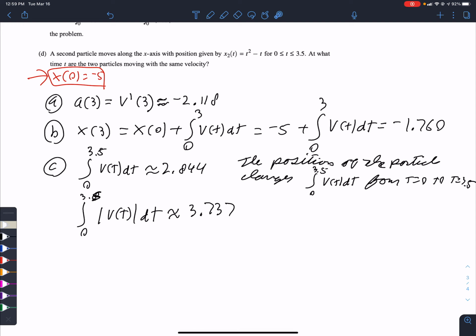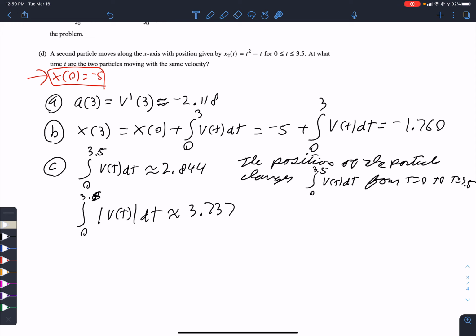So you could say it that way. You could say the particle was displaced this much, if you want to use that word displaced. The position of the particle changed, or the particle changed positions by this much. A lot of ways, but that's the general concept.